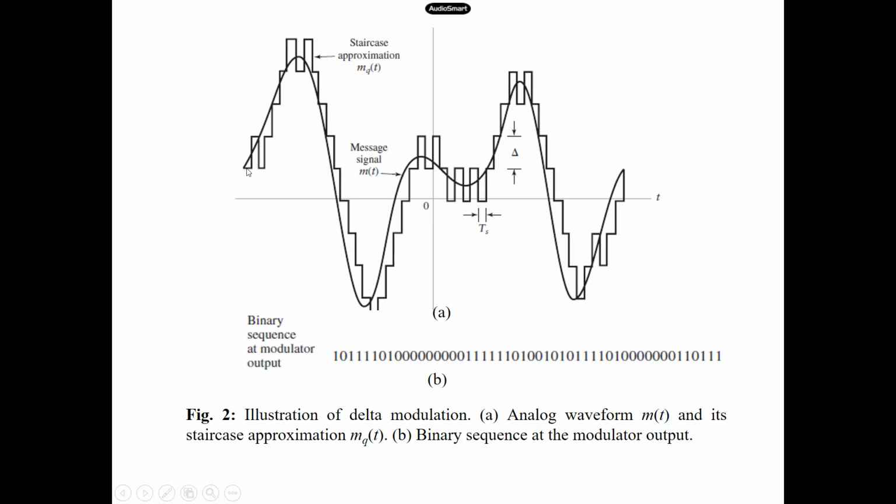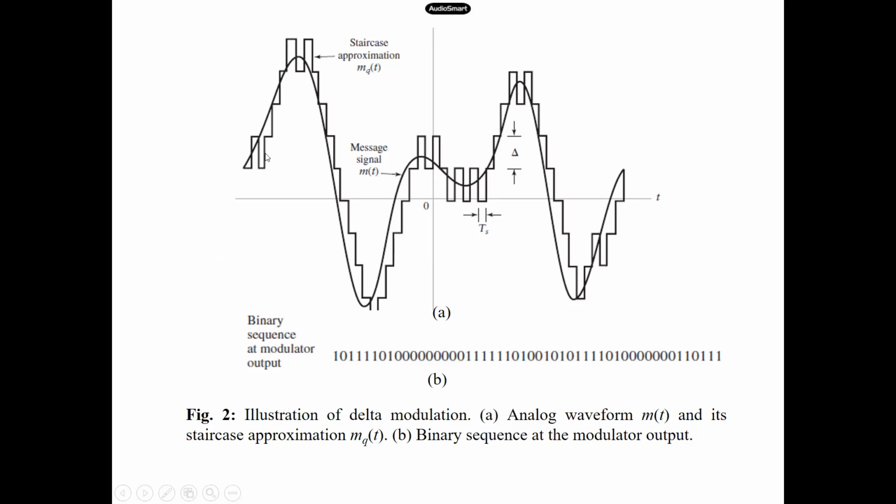Staircase means we start from here and make a 1, a pulse here, and then the pulse goes below, so there will be a 0. So it's 1, then 0. Then we have four ones: 1, 1, 1, and 1.